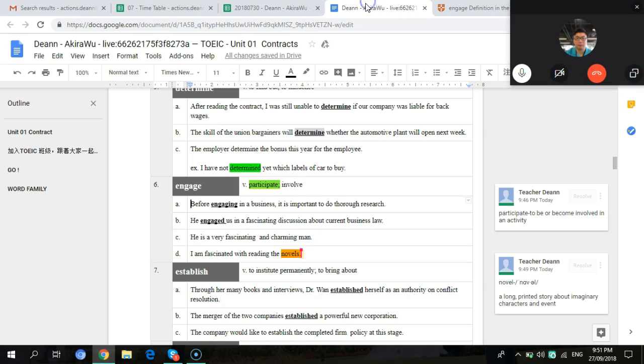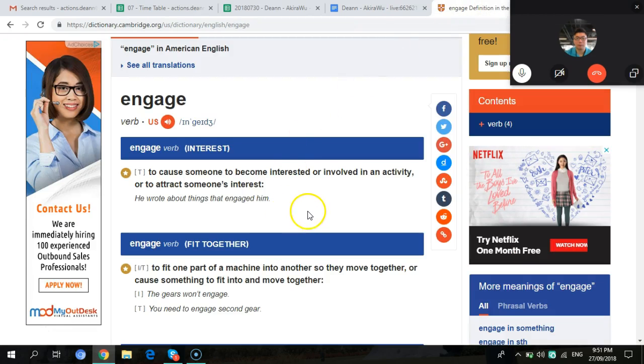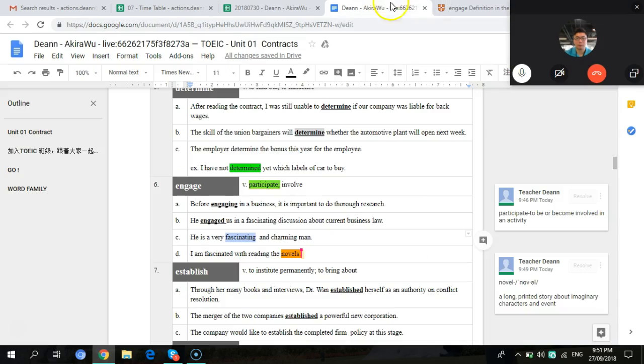When we say fascinating or fascinated here, it is to be interested in something, which is also another meaning of the word engaged. So usually when you're fascinated or interested, you are engaged to something.